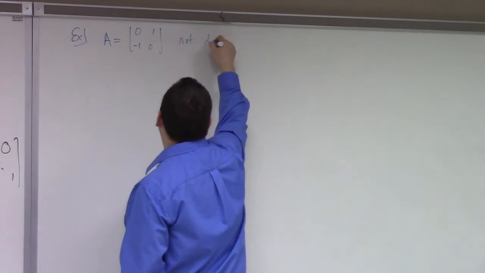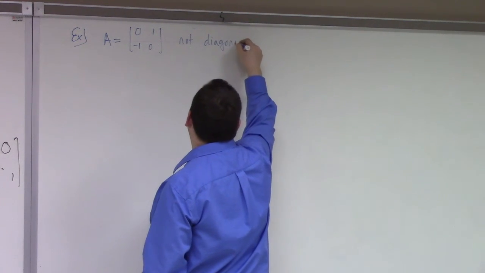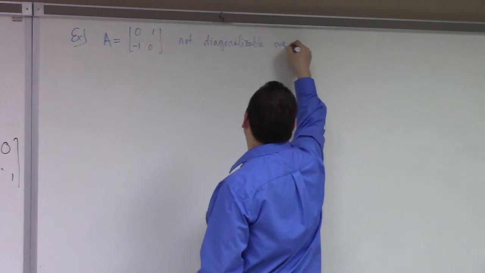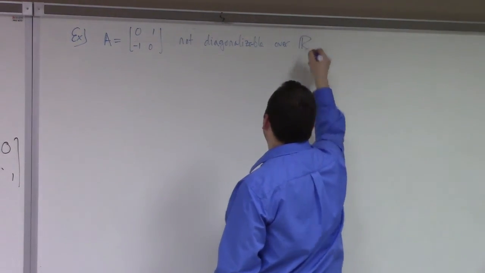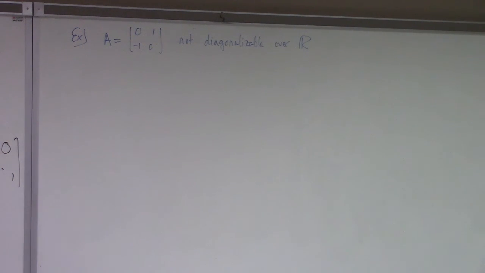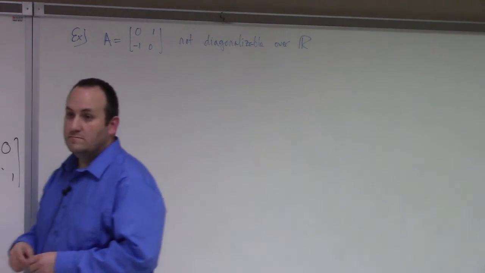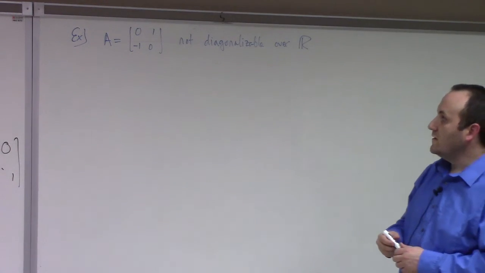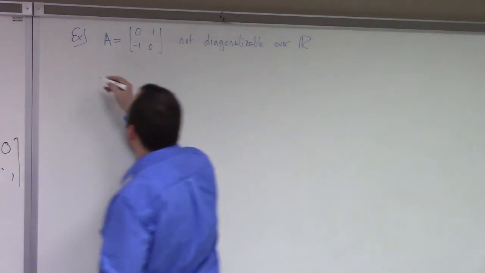Not diagonalizable over the reals. If you look at this as a 2 by 2 real matrix, it's not diagonalizable. If you look at it as a 2 by 2 complex matrix, it is diagonalizable into the form i, 0, 0, minus i.